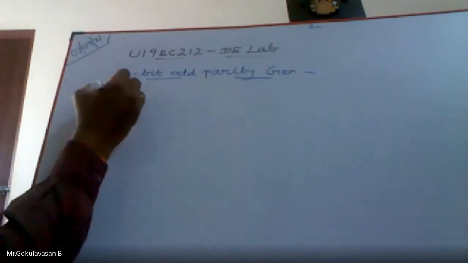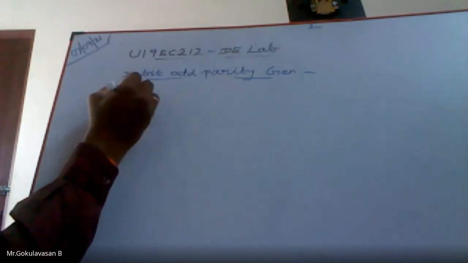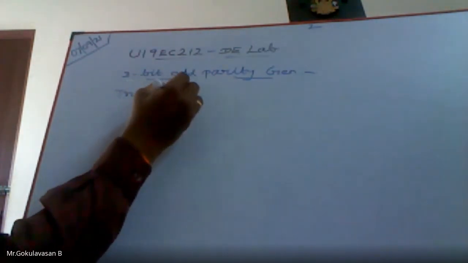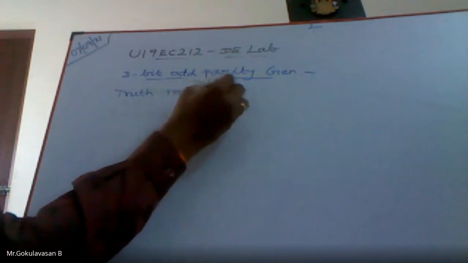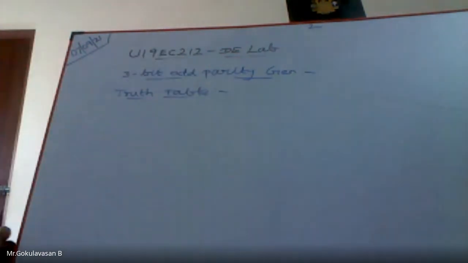As I said, the procedure has 3 steps. Number 1, truth table. Number 2, output expression derivation. And number 3, logic diagram implementation. First, I am coming to the first step, the truth table.